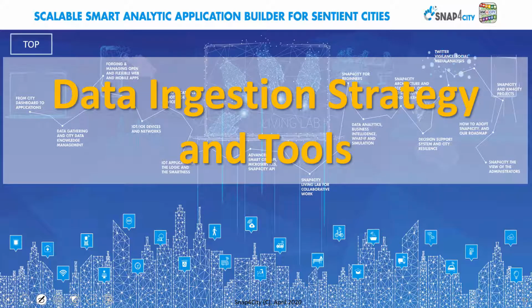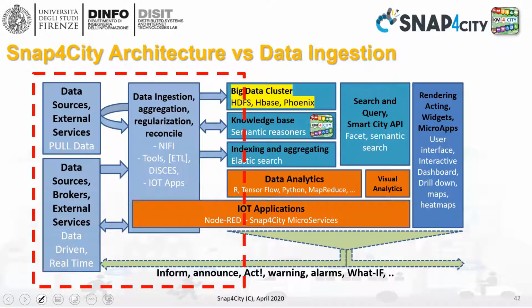So data ingestion strategy and tools is the topic of the next section. We already stated that we are focusing the activity in this section on this particular area: how to bring the data into the knowledge base and into the indexing.